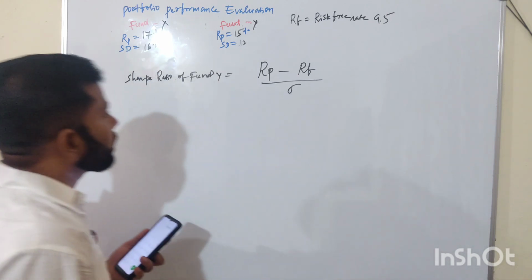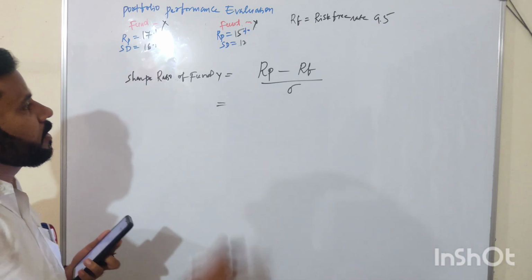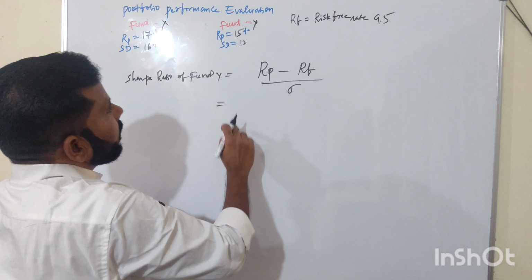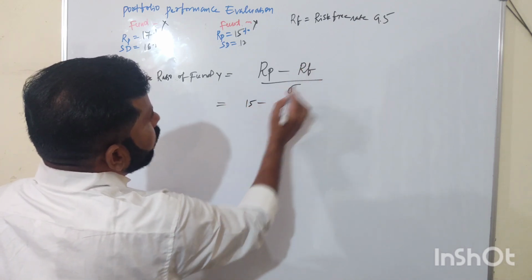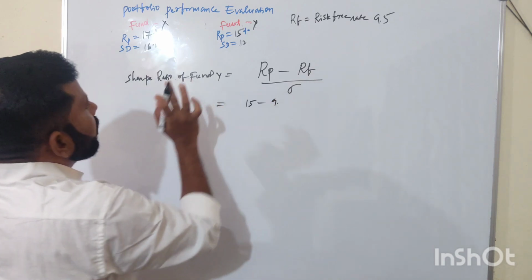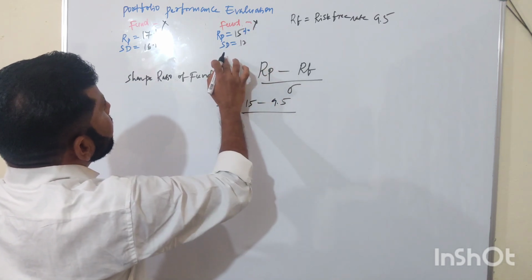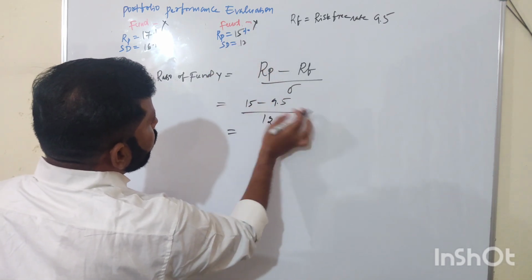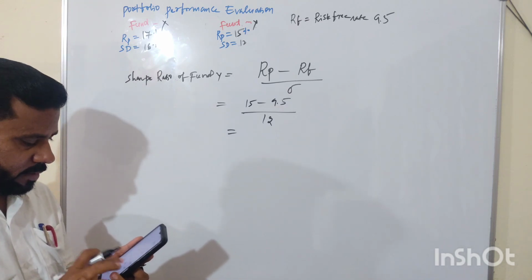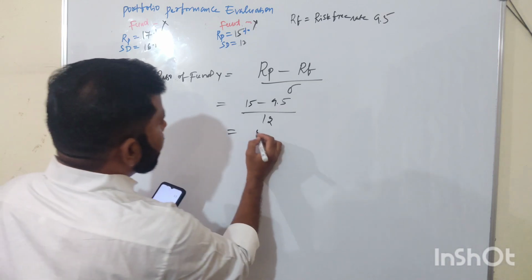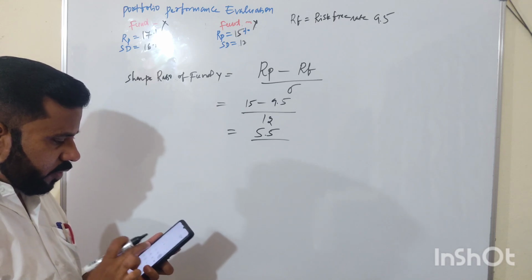The same formula has to be used. The portfolio return of Fund Y is very clearly given as 15%. So 15 minus RF, which is common for Fund Y also, 9.5, divided by the standard deviation of Fund Y, which is given as 12%. So 15 minus 9.5 gives 5.5, divided by 12.